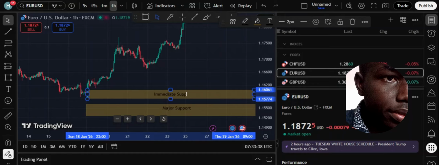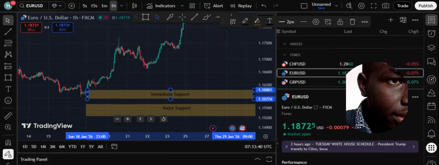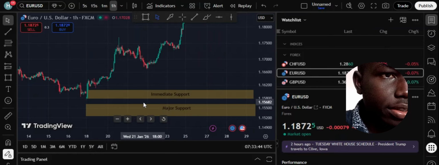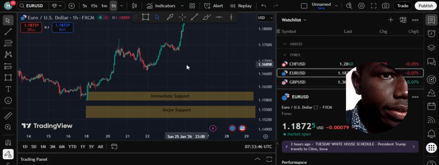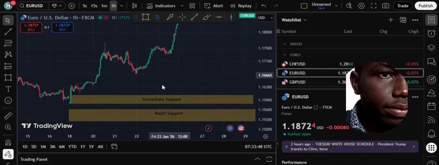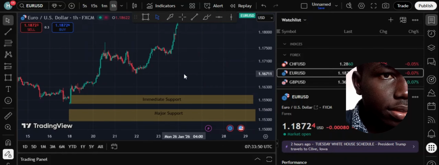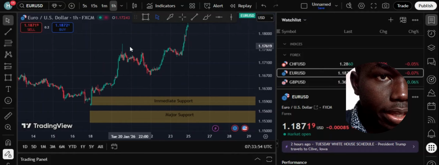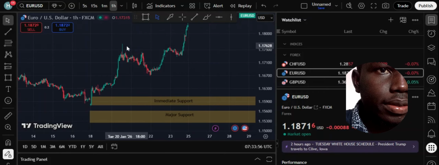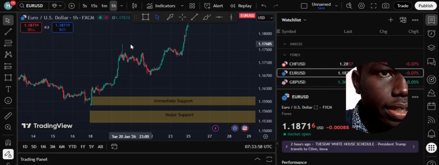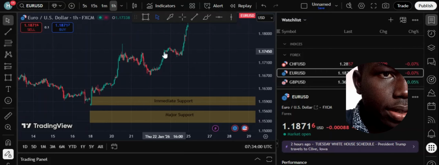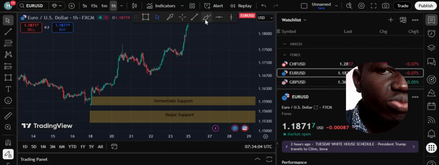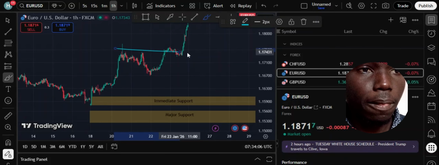As you're seeing, during market movement there was a strong resistance here, until it was broken around here. When the market broke out, it was here, so we're going to use that as our resistance.